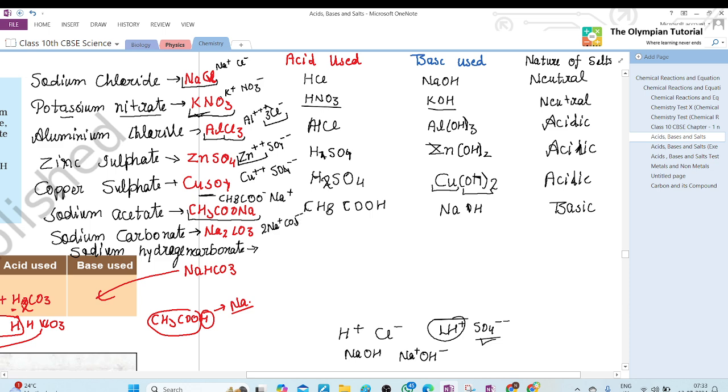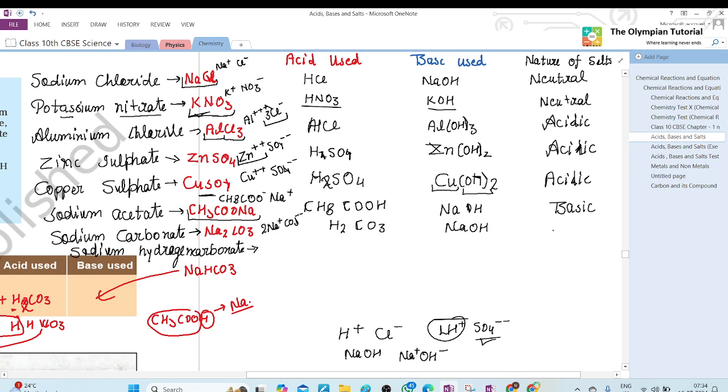And the acid used here, sorry, carbonic acid, H2CO3. Base used, sodium hydroxide. Which one is stronger?